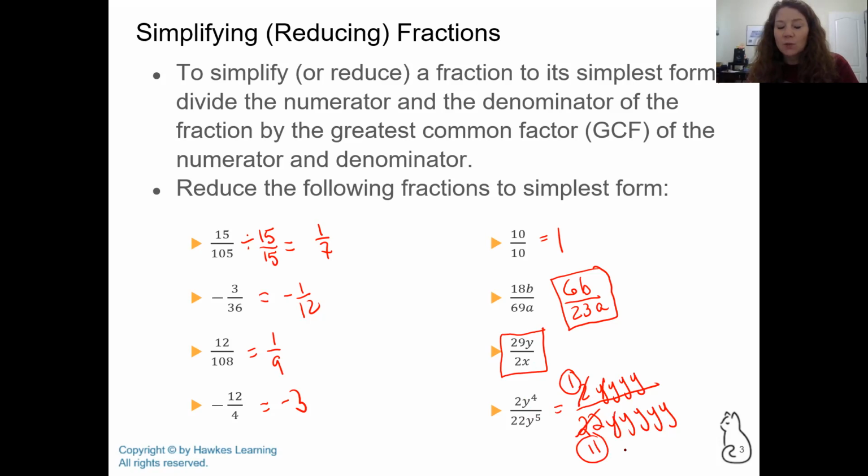Y divided by y is 1, y divided by y is 1. So what do I have left? I have a y left in the denominator. The only thing in my numerator is 1, and in the denominator I have 11 times y, which is 11y. So that's my final answer.